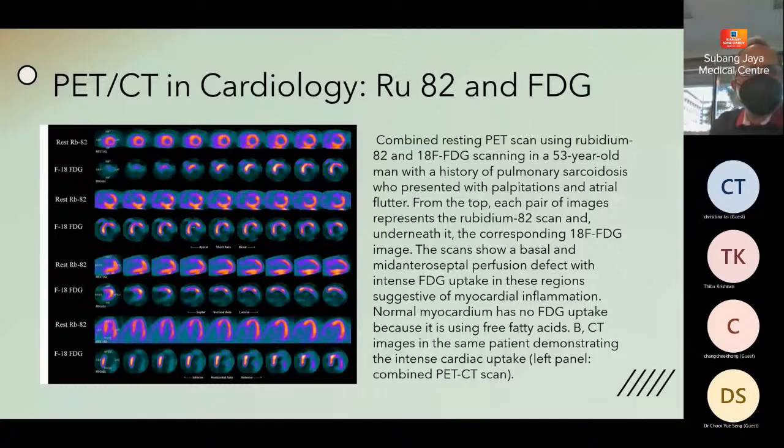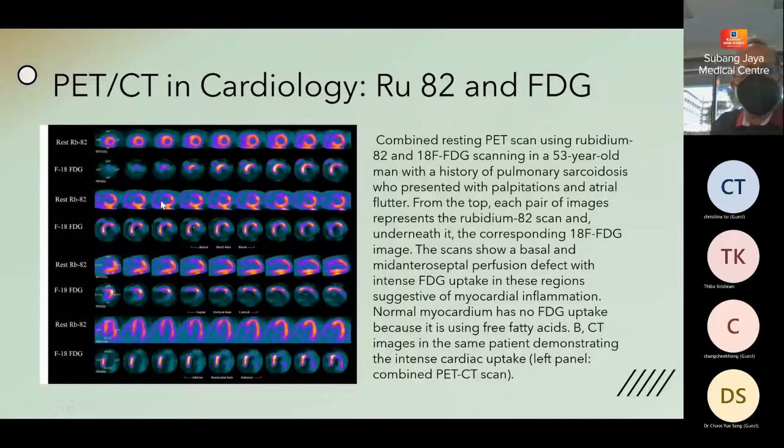This rubidium-82 generator that we use for getting the isotopes for cardiology is extremely expensive. The half-life is so short, and one generator costs about 200K, and you can only do at most 2K. And the generator doesn't last more than a week. That means every week we need to get another 200,000, and we can do only 2 cases per day. So it's not very cost effective, and that's why we still use the old myocardial perfusion scan.